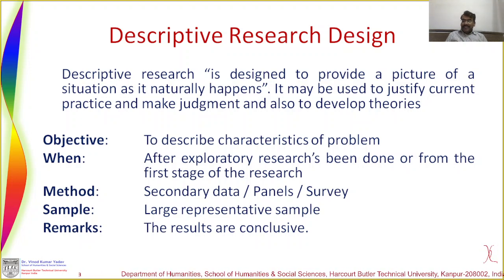So I'm just stopping this lecture here, and we will continue with the third, causal and experimental research, in coming lectures, so that you do not get confused between this part and the next experimental part.